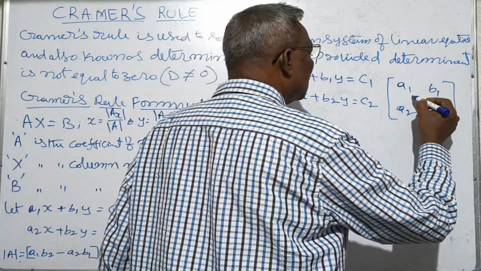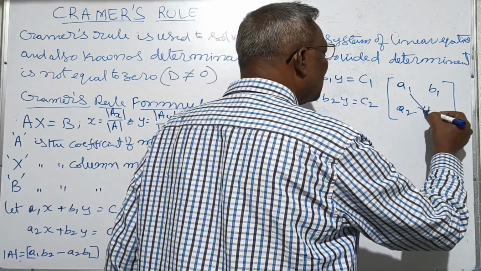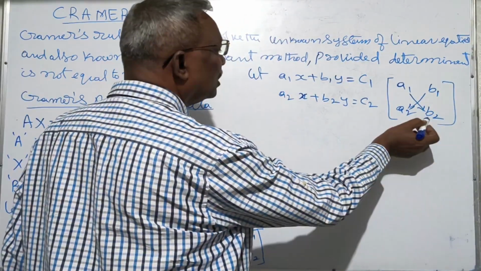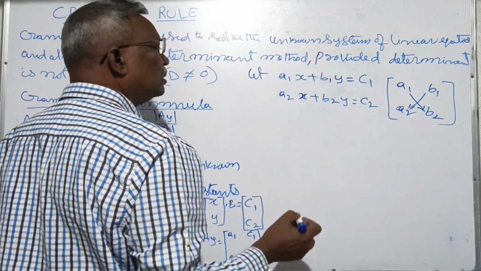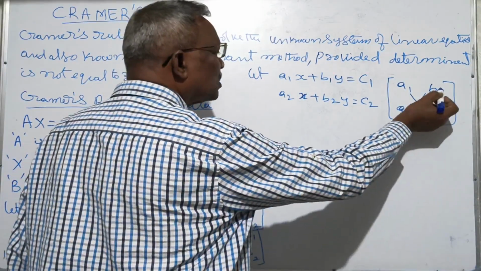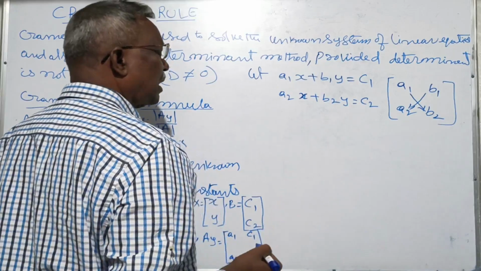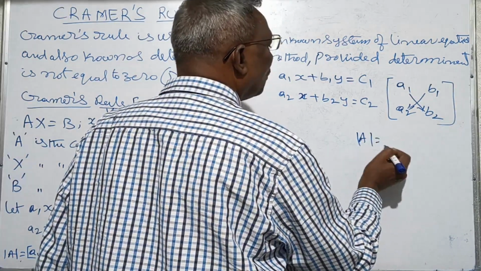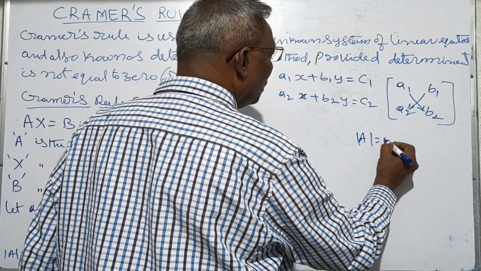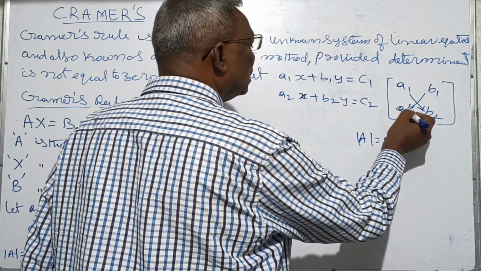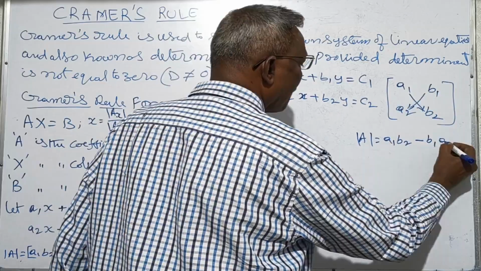How to solve it? Simply cross multiply: first the main diagonal, then the other diagonal. That is, determinant of A is equal to a1 b2 minus a2 b1.